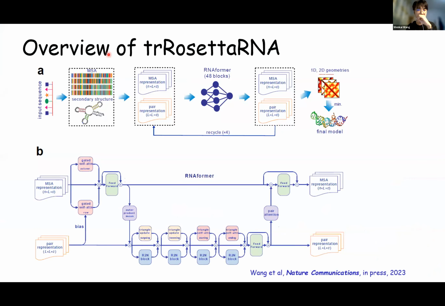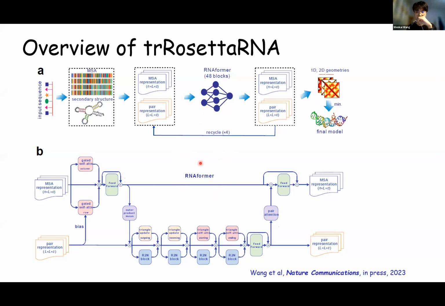Here is the overview of the trRosettaRNA pipeline. It has been introduced by my supervisor, so I will only give a short description of the RNAformer part. This RNAformer is largely borrowed from the Evoformer in AlphaFold 2.